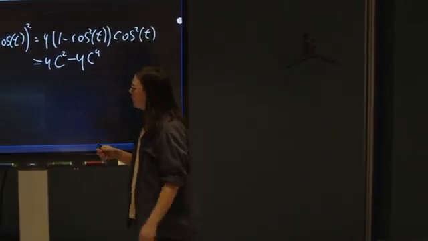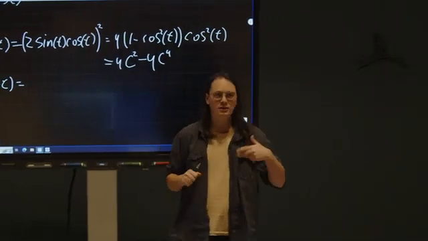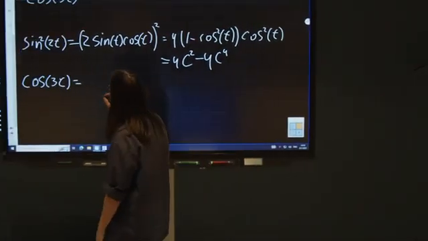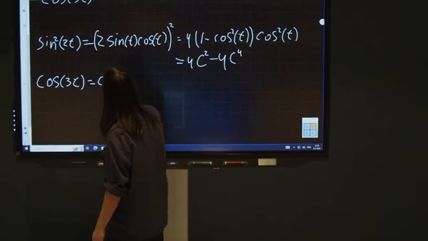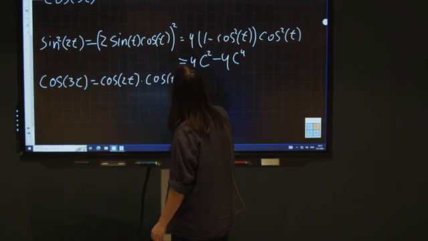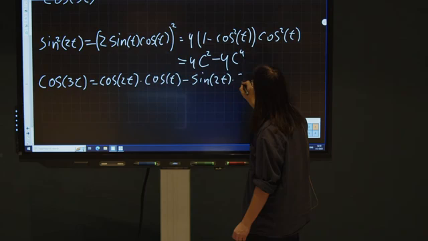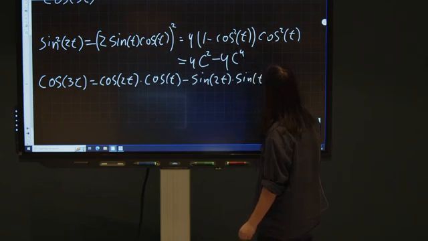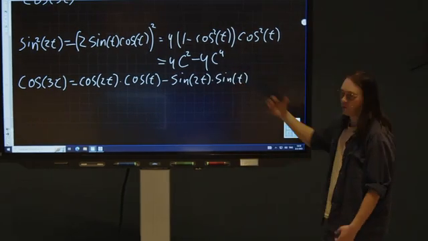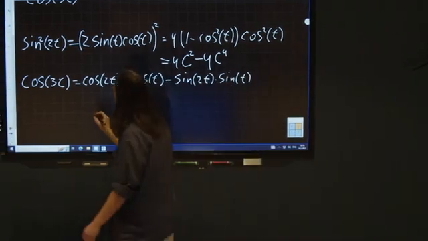So we can just use that one. Or you can just say that 3t is just 2t plus 1t. And there you have it. So that would mean we get cosine of 2t times cosine of t minus sine of 2t times sine of t. And then we can use the doubling angle formulas again to keep going.